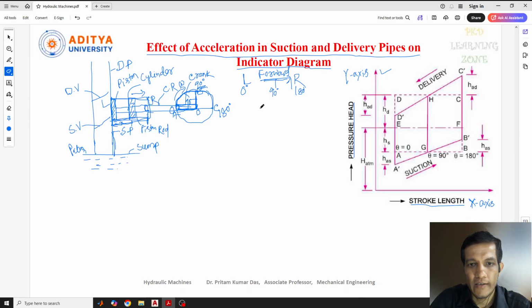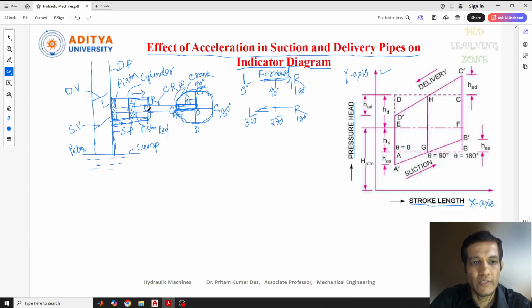This is the forward direction. Again, in the backward direction, what will happen? It will move from right to left, from C through D to the A point. This is the D point, which is the 270-degree angle. So this is our 180, this is 270, and then it reaches 360 degrees, reaching the A point again.